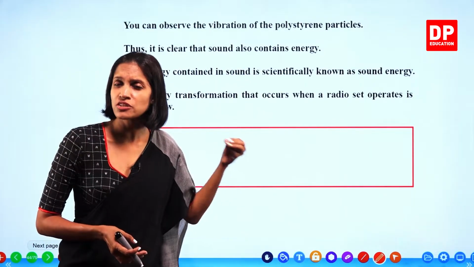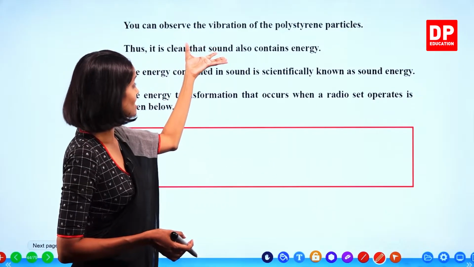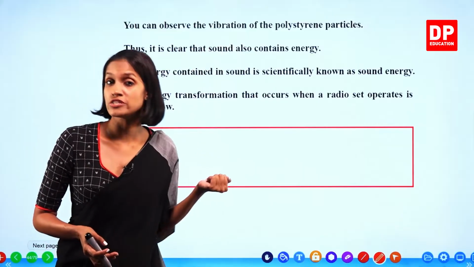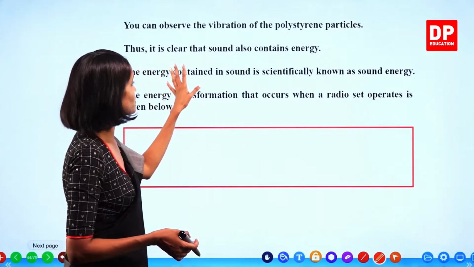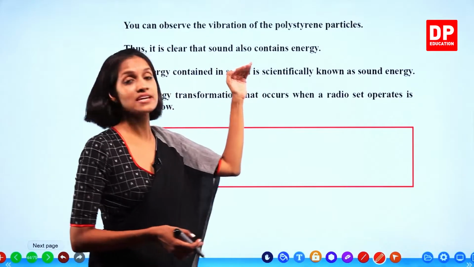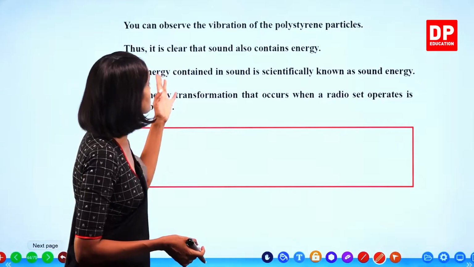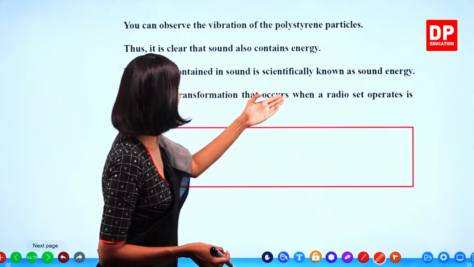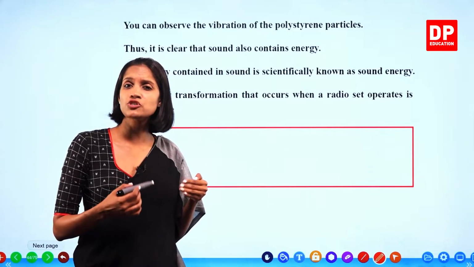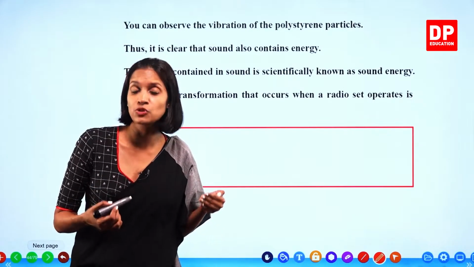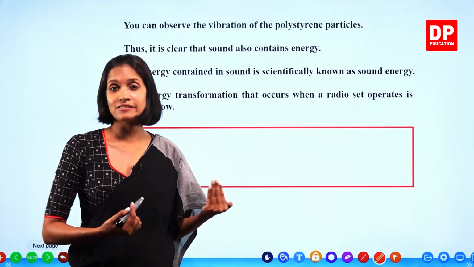So without energy, can we do any work? No, because the energy was contained in sound, it could move these polystyrene particles, right? The energy contained in sound is scientifically known as sound energy, right? The energy transformation that occurs when a radio set operates is given below. In order to operate a radio set, what should we supply? Electricity or electrical energy. So what is the energy transformation that takes place, children?